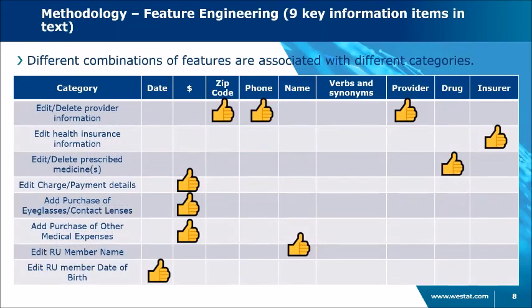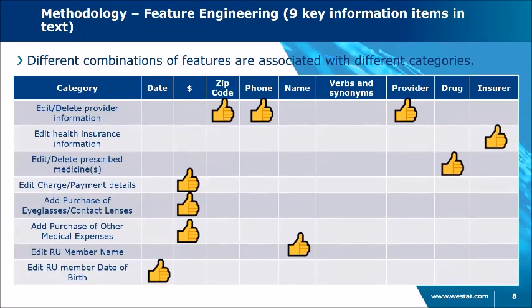So feature engineering, as I said, we detect 9 key information items from the text, and then we build the features based on the detections. It's based on exploratory data analysis, where we observed that different combinations of the features we detect are associated with different categories.